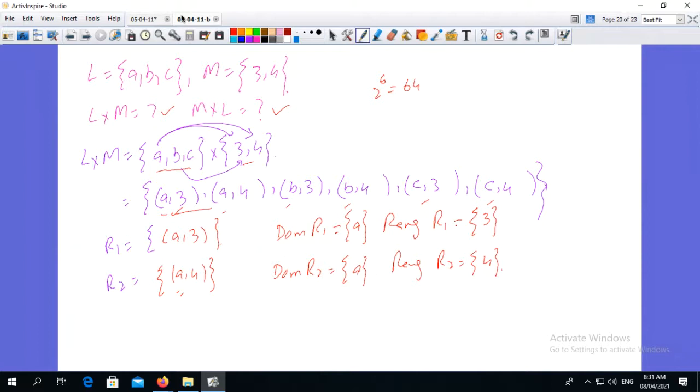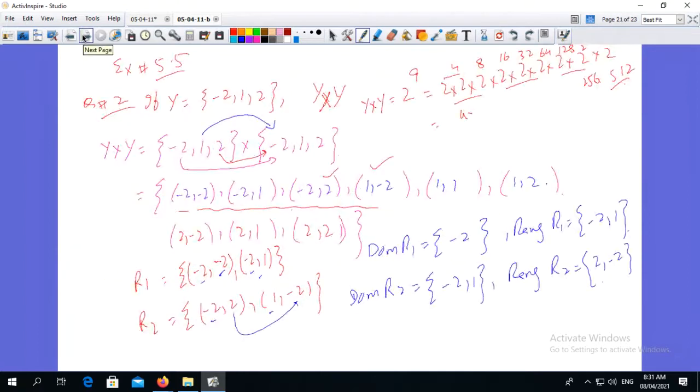So we have Y equals {-2, 1, 2}, and we have to find Y cross Y. For this purpose, we write Y cross Y equals {-2, 1, 2} times {-2, 1, 2}.